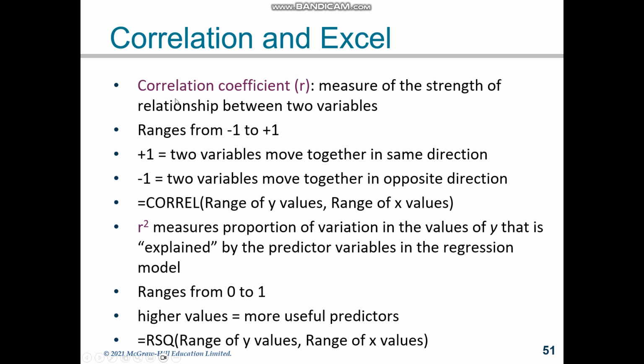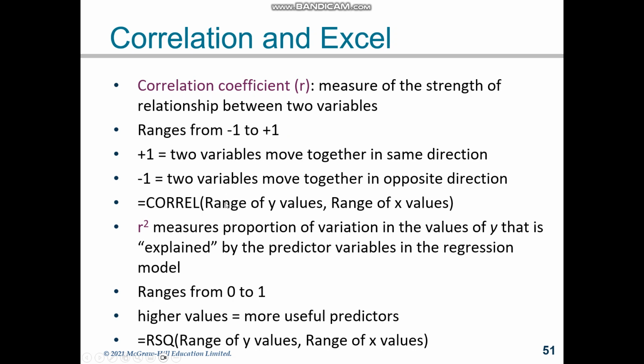One of these coefficients is the correlation coefficient, which is shown by R. This coefficient ranges from -1 to +1. -1 shows that there is a strong negative relationship between the variables x and y, and 1 shows that there is a strong positive relationship between the variables x and y. And if the value of r is equal to 0, it means that there is no relationship between x and y.